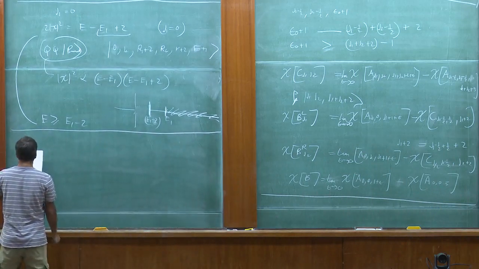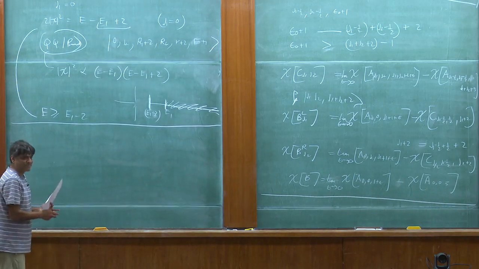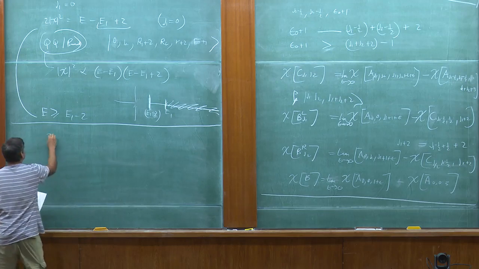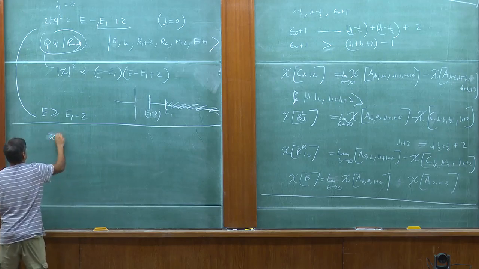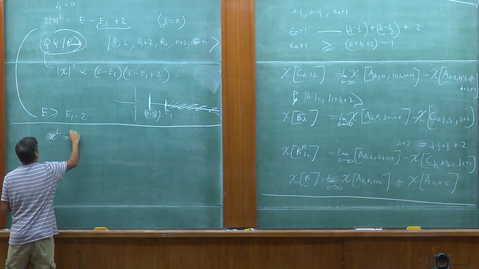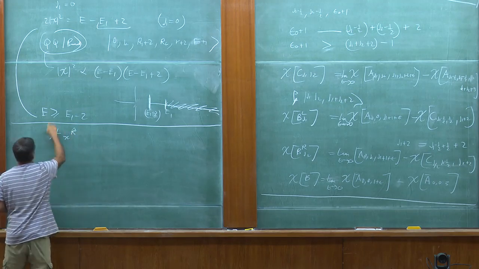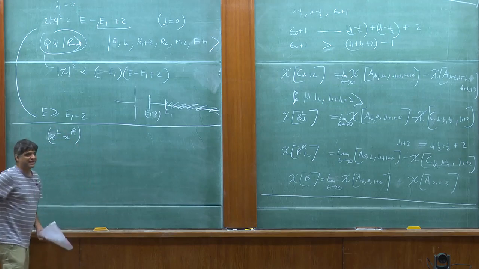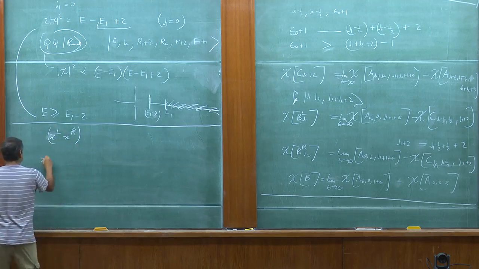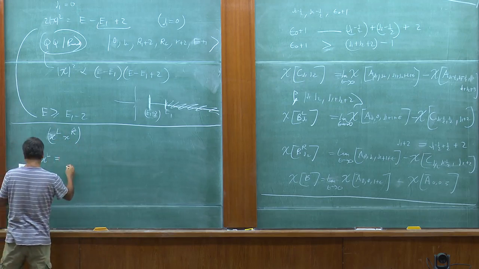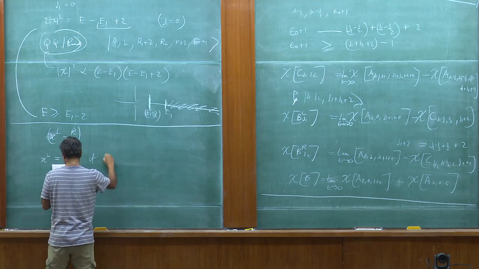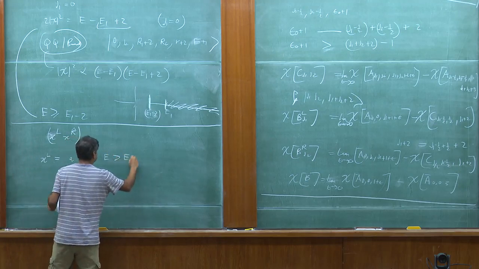Now we're going to name representations. We're going to use the symbols XL, XR to label representations. XL is equal to A if E is greater than E1.